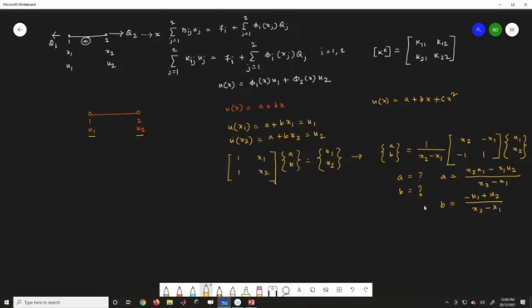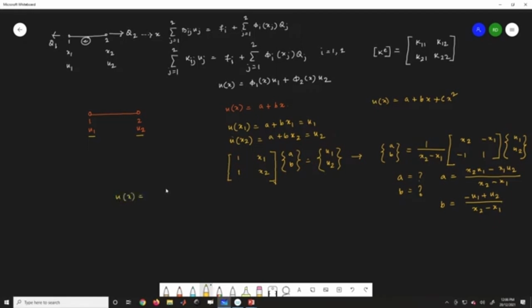So you see the constants a and b can be found very easily from inverting this matrix. So now, how do my finite element shape functions look? My approximation looks like this.